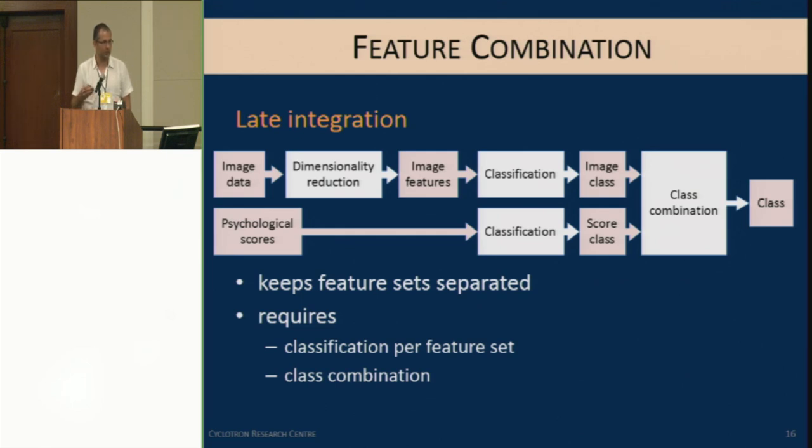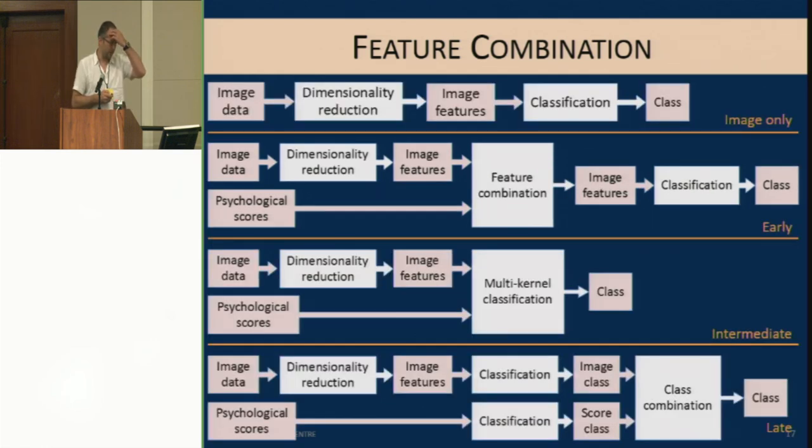So you get a prediction from one type of data and a prediction from the other type of data, and then you combine them, whatever the way. The easiest would be voting, but you could also include other ways of combining them in terms of the confidence you have in one prediction more than the other. So all in all, those are the different schemes that we were considering: just images, early, intermediate, and late.